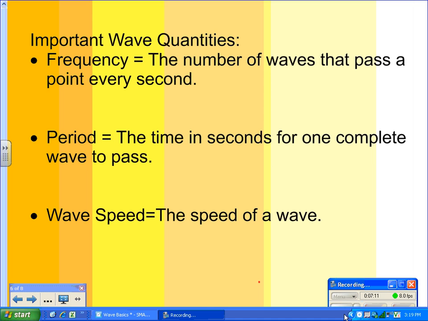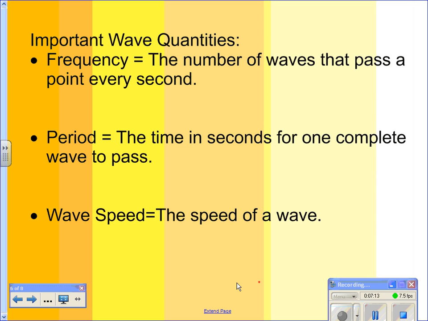So, a few important wave quantities. If we're going to talk about waves, we need to be able to make measurements and compare them, and in physics, of course, we're going to use numbers. One really important aspect of waves is describing a wave by its frequency. The frequency is the number of waves that pass a point every second, and we'll practice this on the next slide. Sometimes we'll call it waves per second, and sometimes cycles, one wave cycle per second.